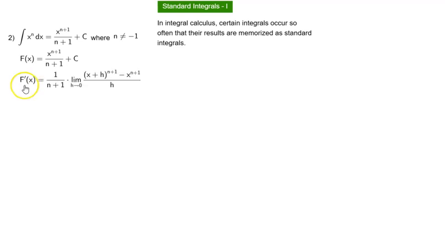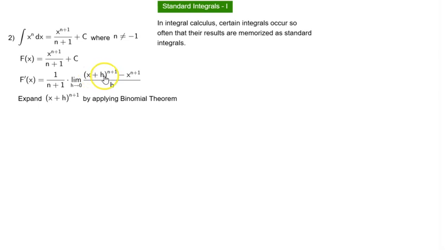Let's take the derivative. Capital F prime of x equal to, now 1 by n plus 1 is a constant, so we can take it out, times the limit as h goes to 0 of x plus h to the power of n plus 1 minus x to the power of n plus 1, the whole thing divided by h.